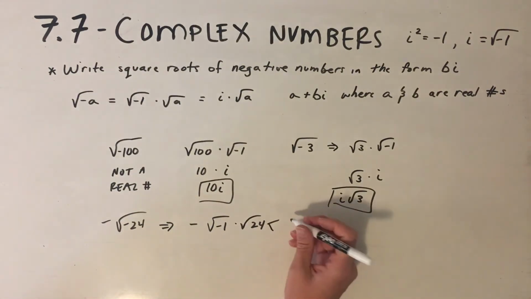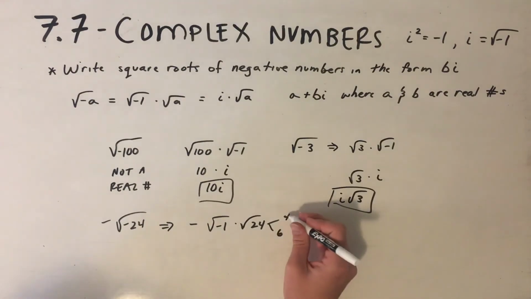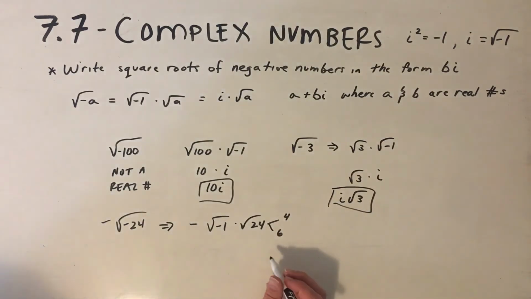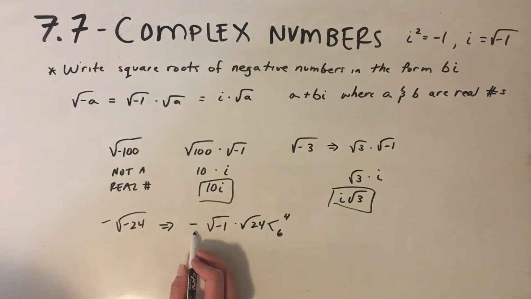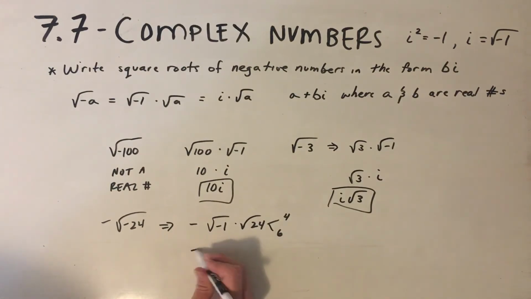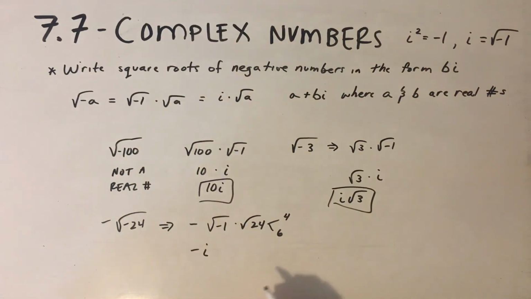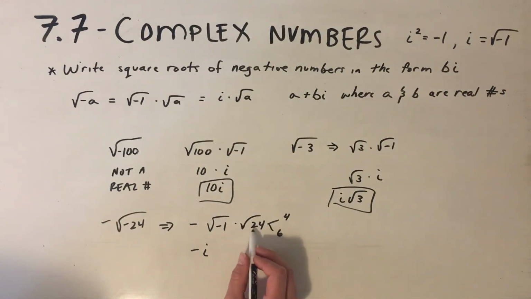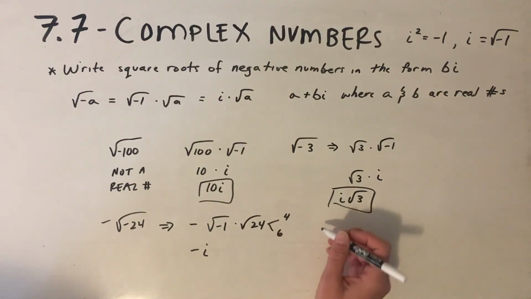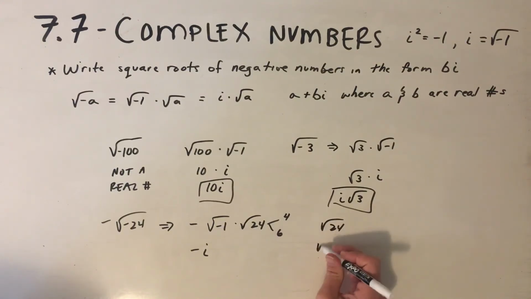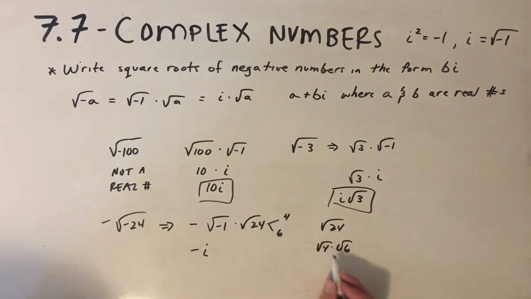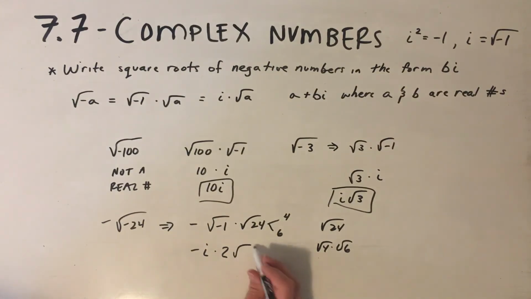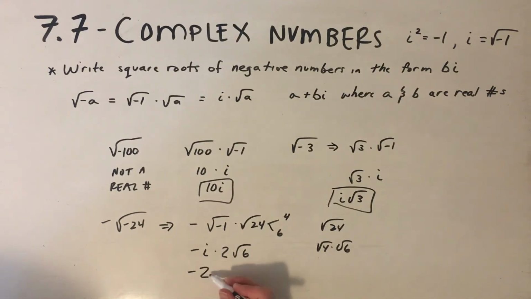I can factor 24 into 4 and 6. Okay, so we've got this negative here. I take the square root of -1, which is I, and the square root of 4. Again, I could rewrite the square root of 24 as the square root of 4 times the square root of 6. The square root of 4 is just 2, and the square root of 6 is just going to stay the square root of 6. But I'm going to rearrange this to be -2I square root 6.